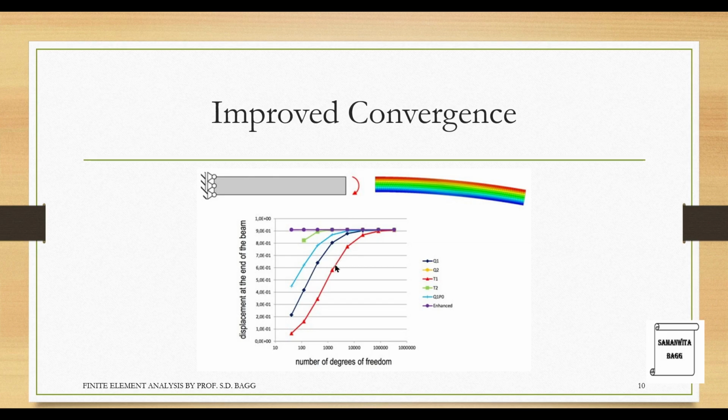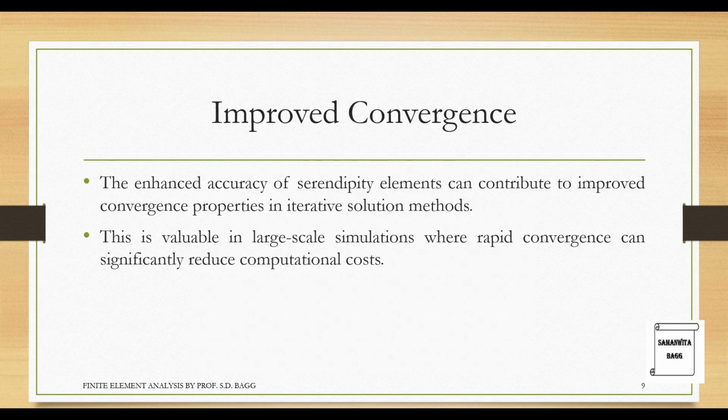So if you are converging more towards this value, then you say that you have got a better result, and that is because of the improved convergence. Now this improved convergence definitely occurs when you increase the number of elements, that too the serendipity elements, such that you get better results.